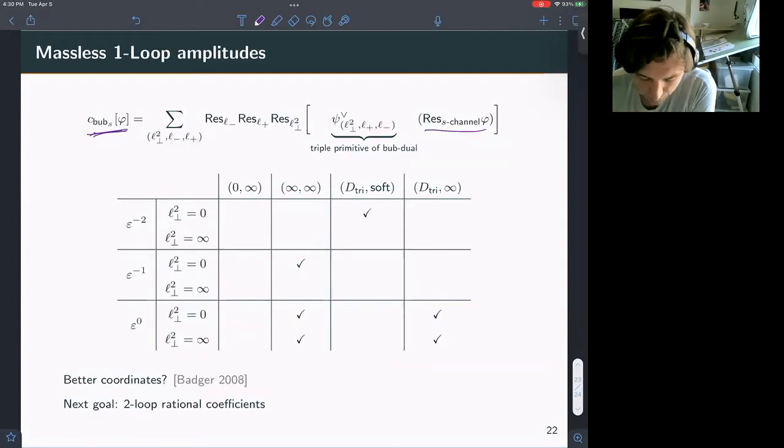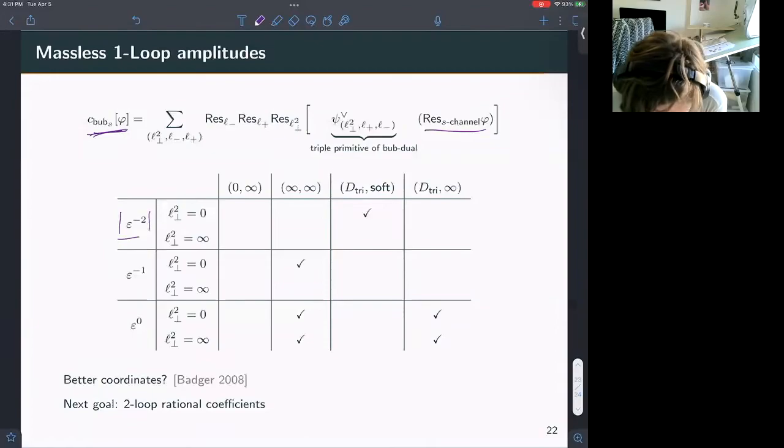From here we can isolate where each contribution in epsilon comes from, which residues contribute to which orders in epsilon. So, for example, this double pole in epsilon comes from localizing to the triangle cut, and also one of the loop momenta becoming soft.